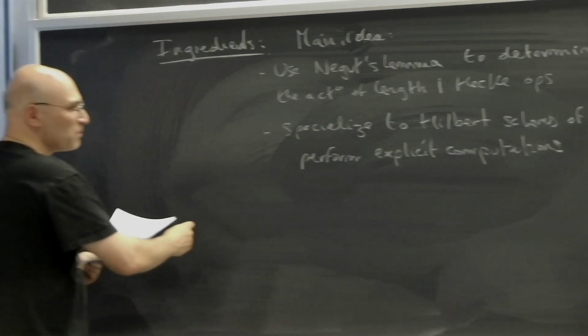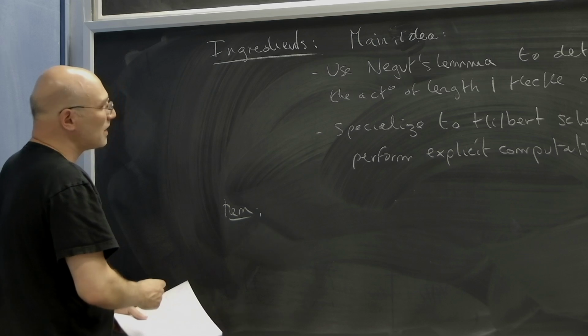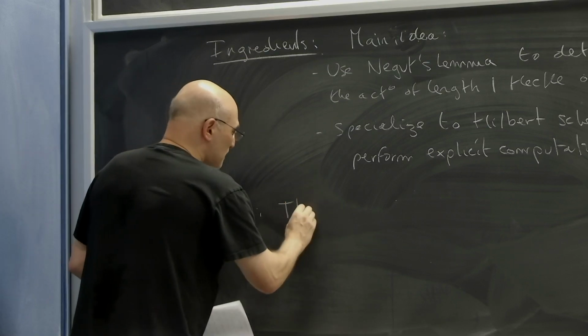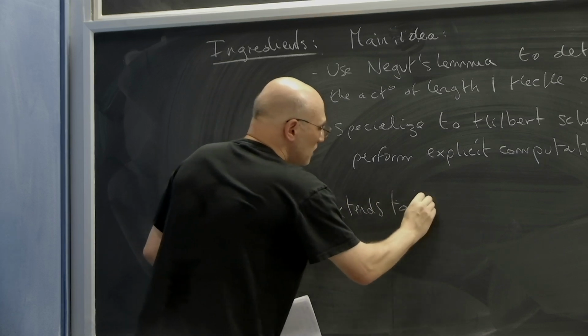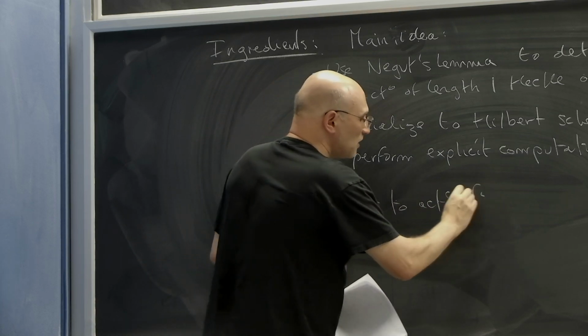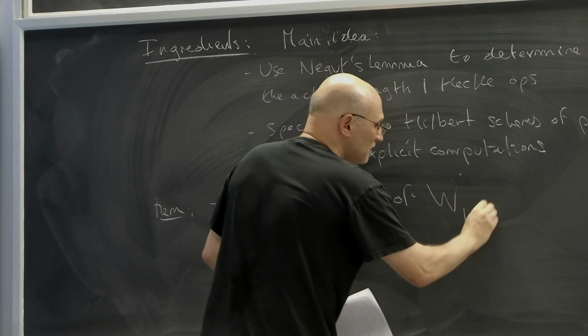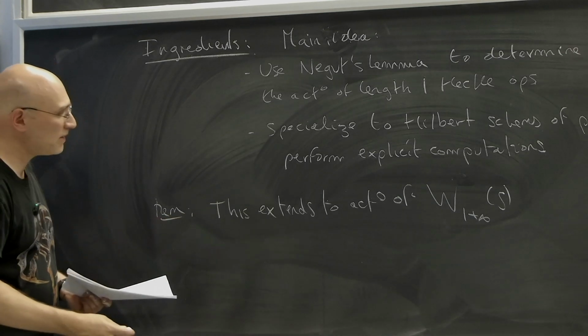Okay, and maybe one remark before I move on to one other application. So one remark is that this extends to action of the double, 1 plus infinity of S, the double algebra, which also acts on the Fock space.